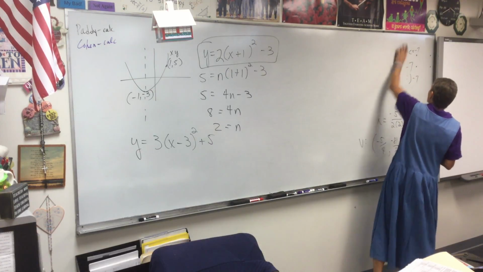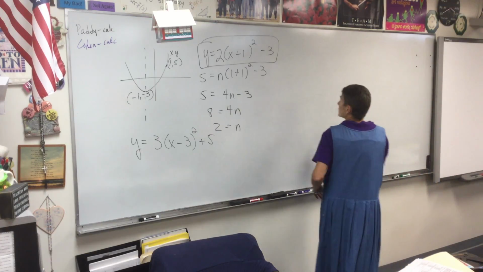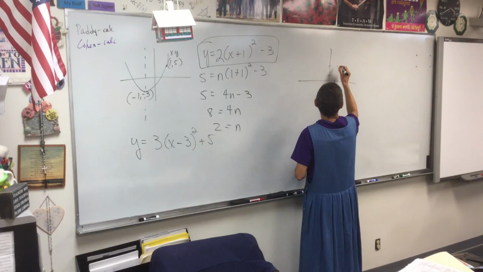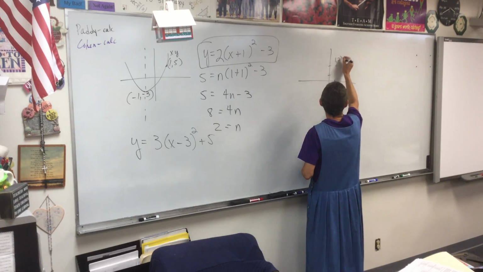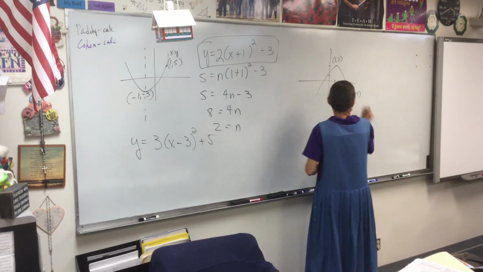All right, let's try one more. Let's say we have a parabola whose vertex is 1, 2, and it contains the point 4, -7.